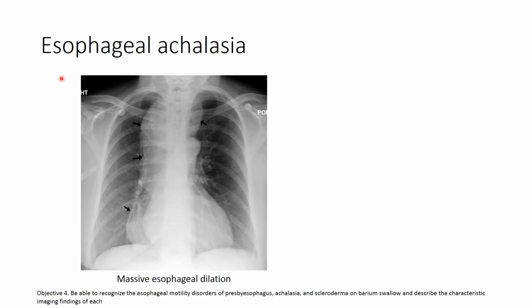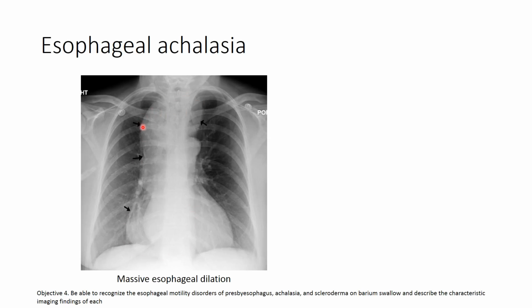This can lead to some interesting x-rays, and you can see this is a massively dilated esophagus. Now in a little bit, I'll show you an x-ray of what we call a gastric pull-through following an esophagectomy. And this looks not terribly unlike a gastric pull-through, but this is just a massively dilated esophagus due to achalasia.